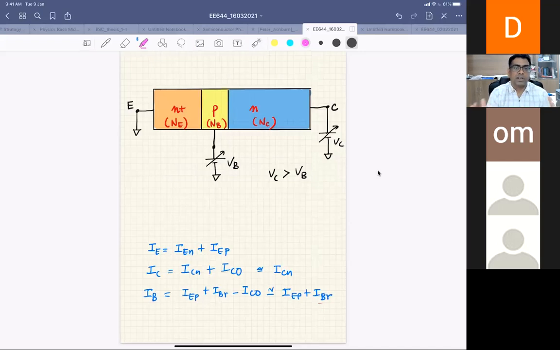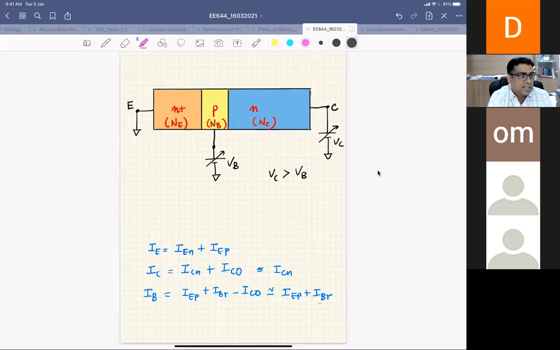That means we're putting a lot of electrons into the base and the base is saturated with electrons. If the emitter base junction is forward biased and the collector base junction is reverse biased, we call it the forward active mode of operation.